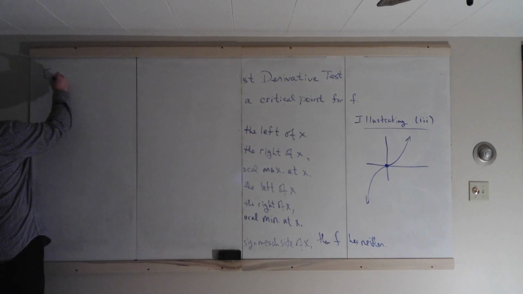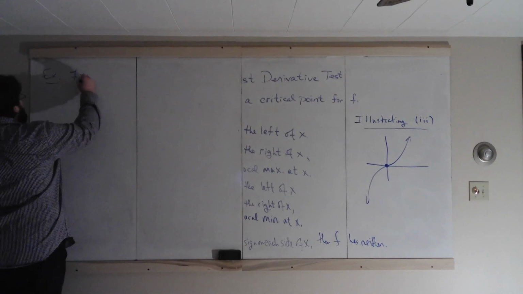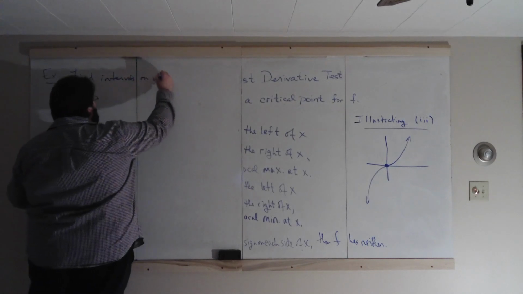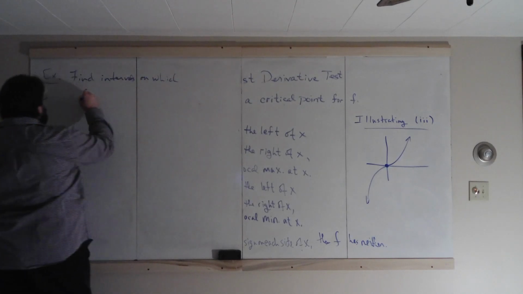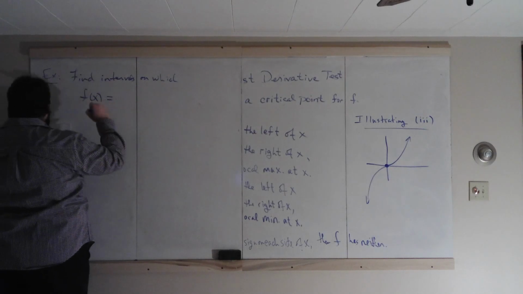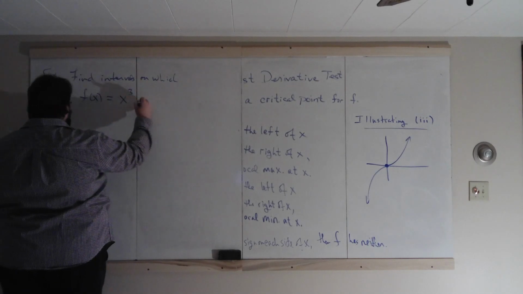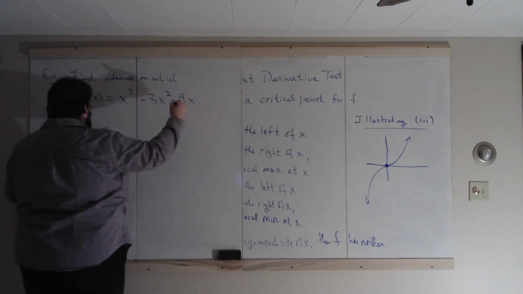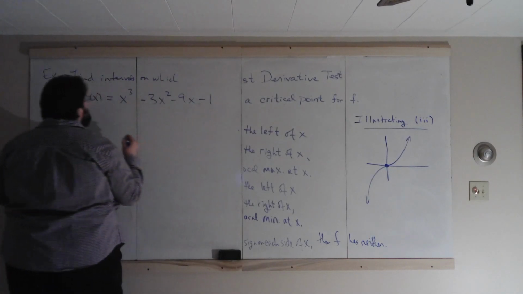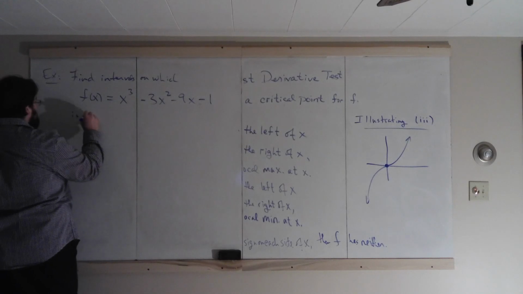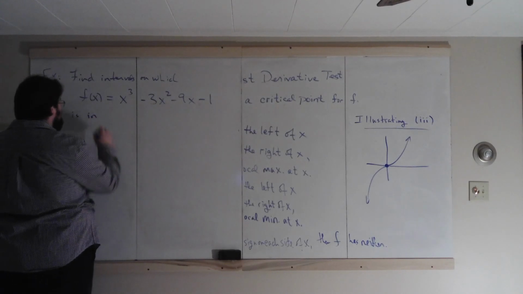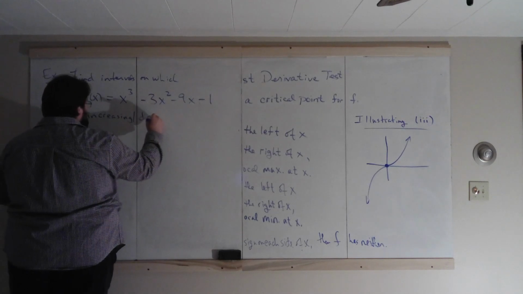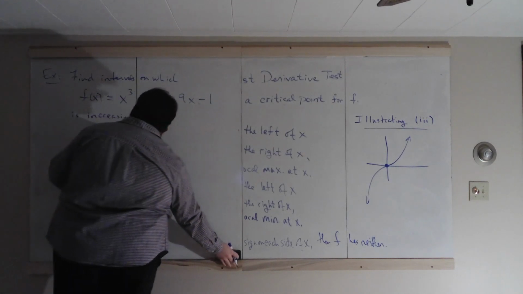So example, find intervals on which f of x equals x cubed minus 3x squared minus 9x minus 1 is increasing or decreasing. Well, I guess then it's not going to be and.